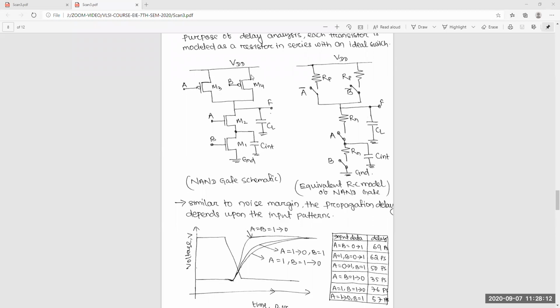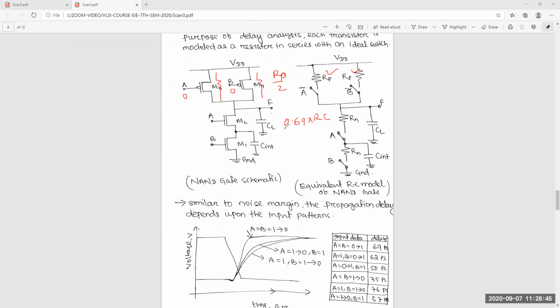So if you model these two resistors, with A 0 and B 0, both are added in parallel. That means Rn by 2 and RP by 2. You know the propagation delay is 0.69 into RC.